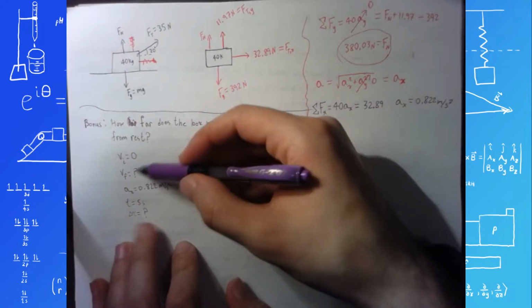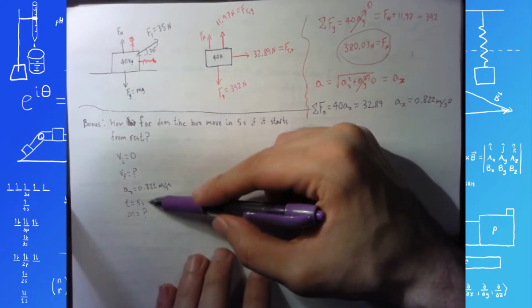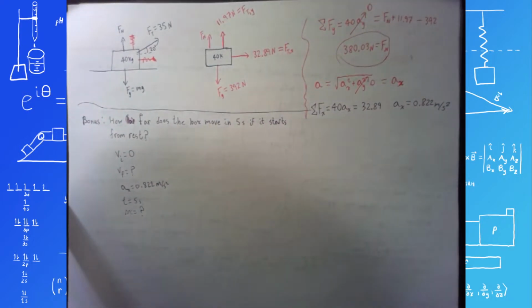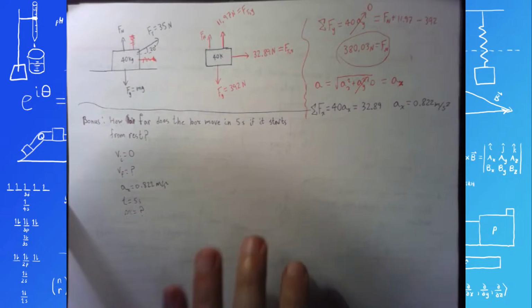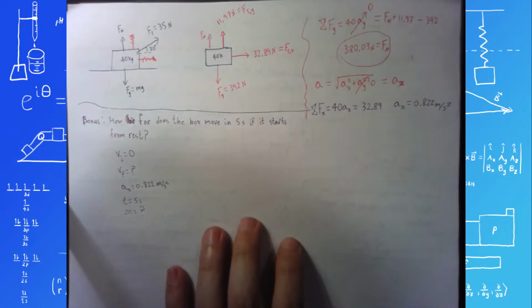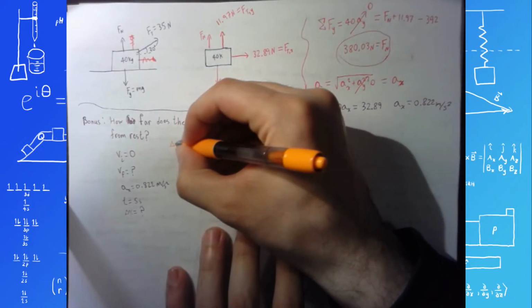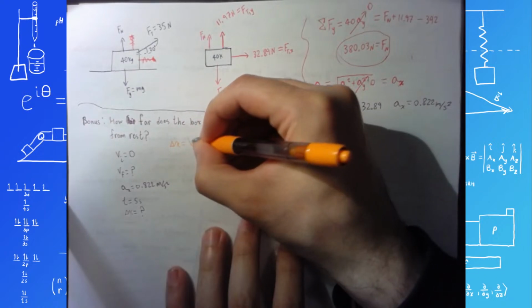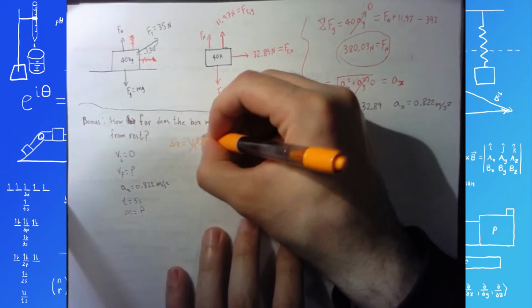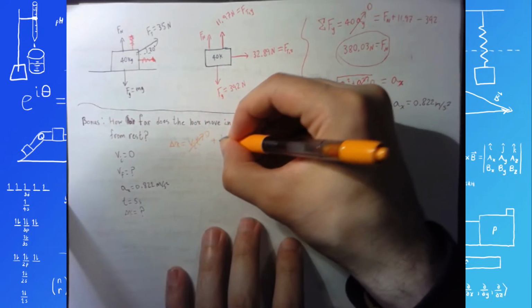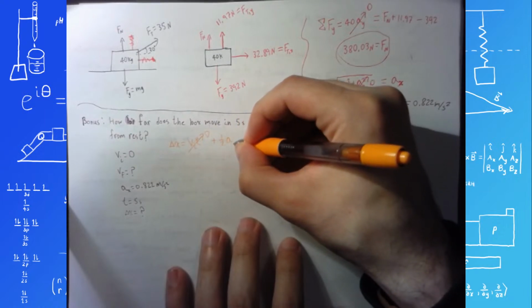We can calculate both of our unknowns. We've got 3 of our kinematic variables, and that's always enough to calculate the other 2. So I'm gonna do which equation? I guess second equation is all we need here. Delta x is equal to v initial times t, so 0, plus 1/2 a in the x direction, t squared.